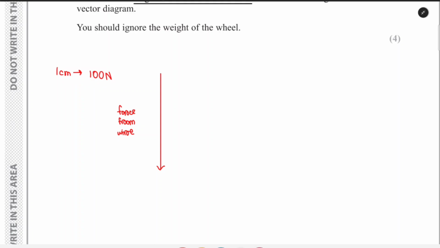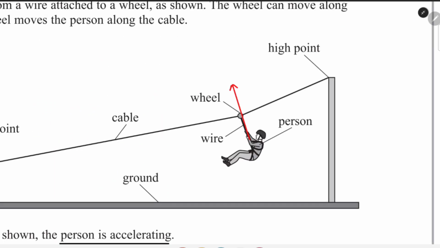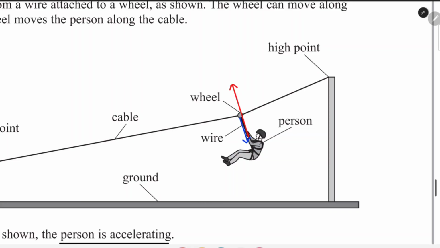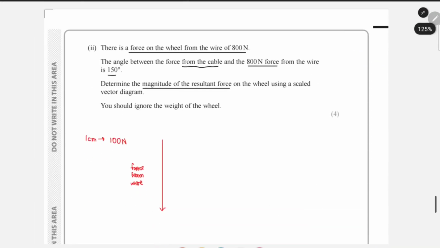And then we have our force from the cable. If you look at the diagram, the wearer is pulling the wheel down, whereas it's the cable that's pulling it up. And there's a net resultant leftward force that causes the person and the wheel to accelerate to the left.